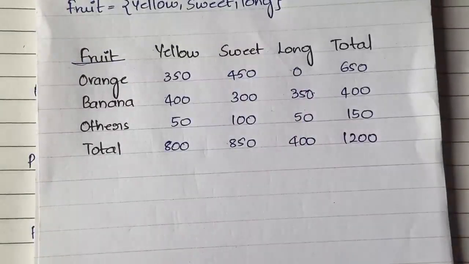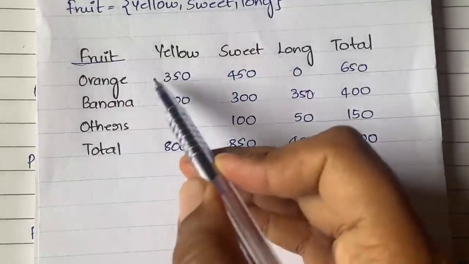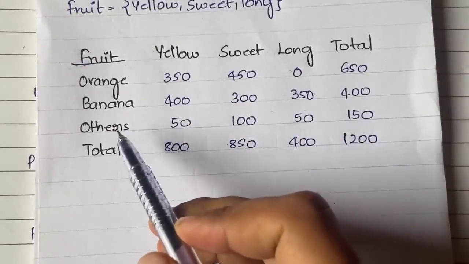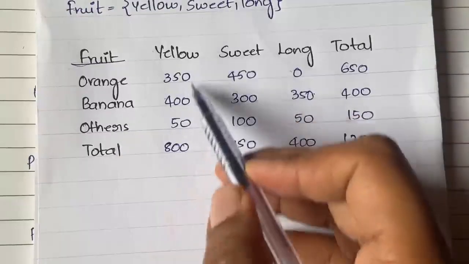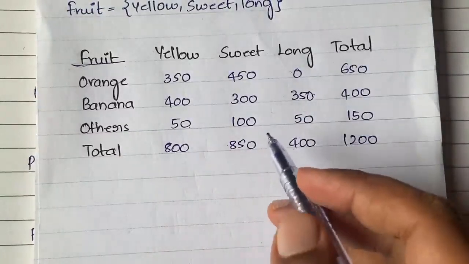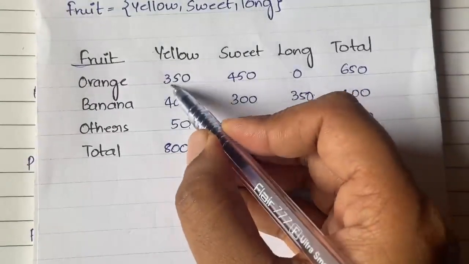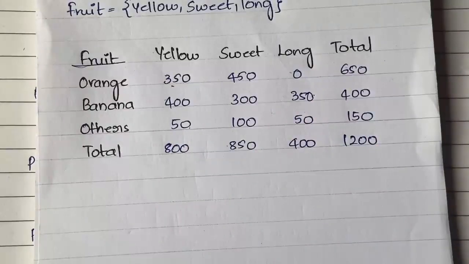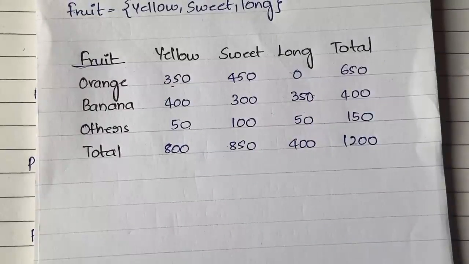Now we have other fruits also, like apples and mangoes, and in that yellow is 50, sweet is 100, and long is 50. Now you may get a doubt: it is 350 and it is 450, how will the total be equal to 650? See, the values may get repeated. Yellow ones may be sweeter, or sweeter ones may be yellower, and sweeter ones may be longer.